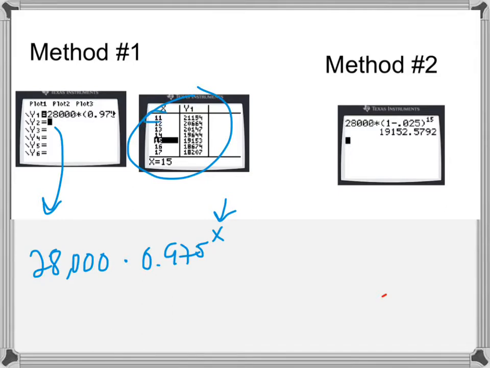So for instance, at the 11th year, you'd have 21,194 people. At the 15th year, you'd have 19,153. So our table actually rounded to the nearest whole. Or method number 2 is you go to your home screen and you calculate it this way.